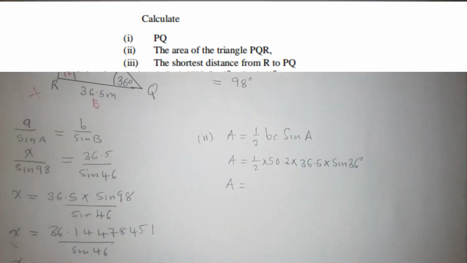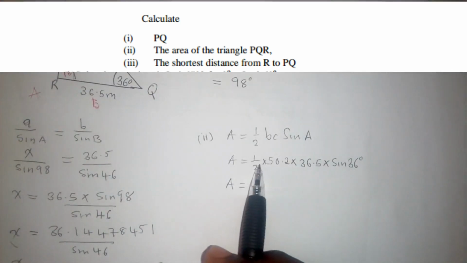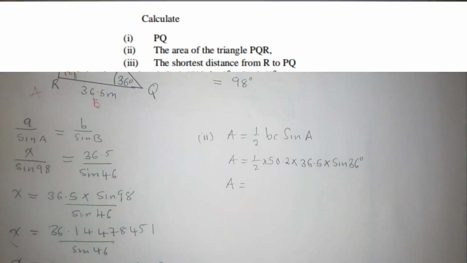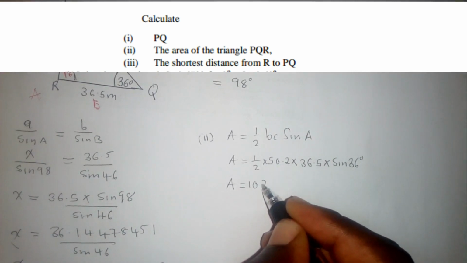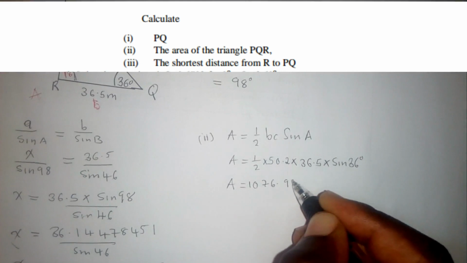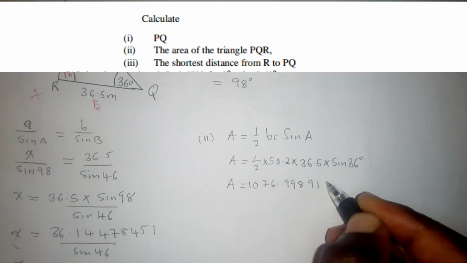So we can now multiply everything: 1 times 50.2 times 36.5 times sine 36. What we are getting is 1076.998918.